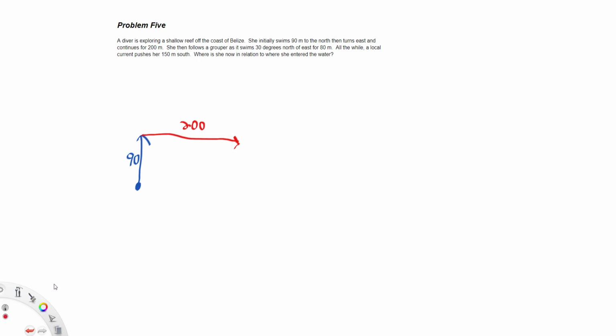And then we go 30 degrees north of east for a little bit. And then there's also the effect of the current, which we can just add on at the end. So then the question is, what is this total distance from where she started to where she ended up?